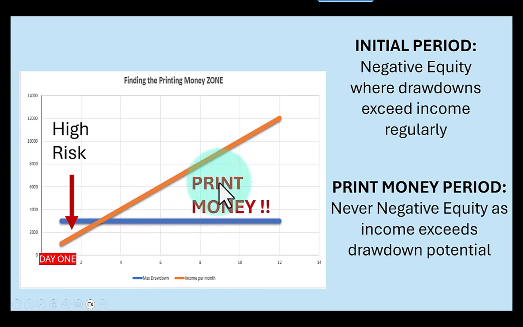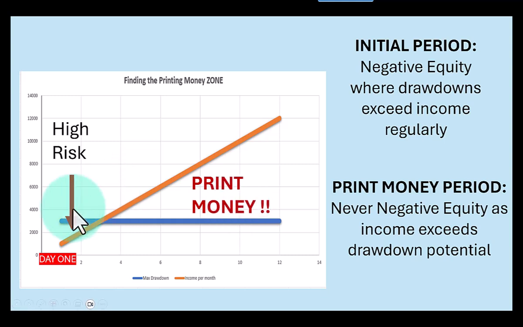And that is when you are printing money. You are just literally printing. So you never have negative equity, and income exceeds the drawdown potential. So that is where you want all your trading to happen.